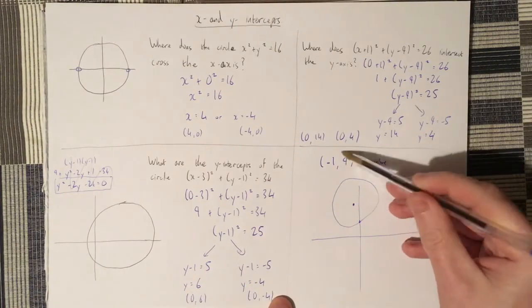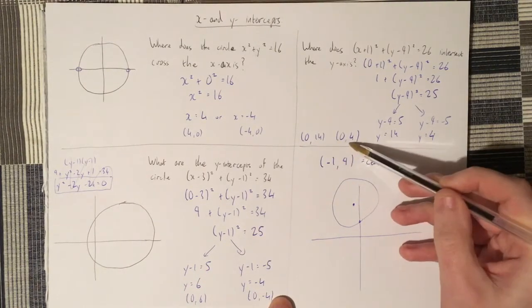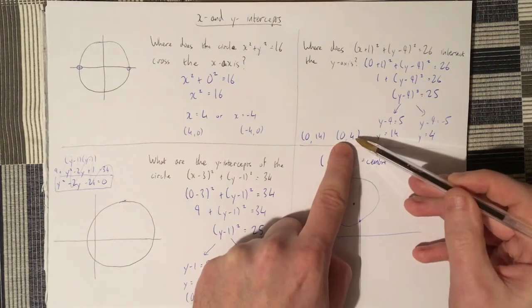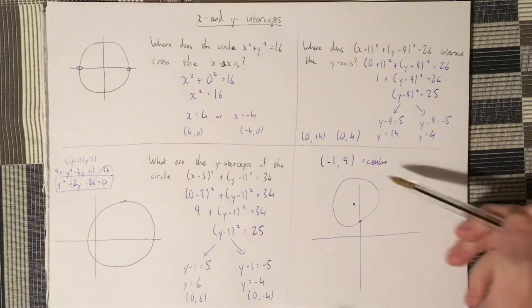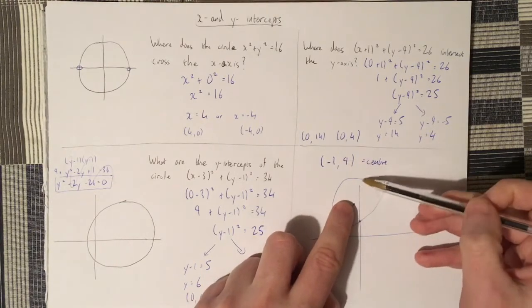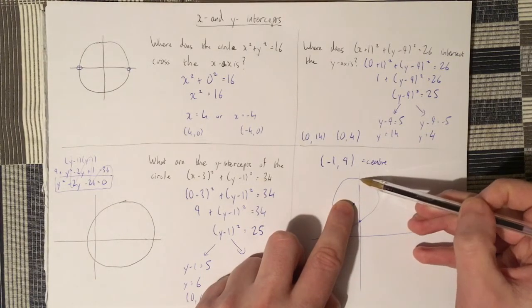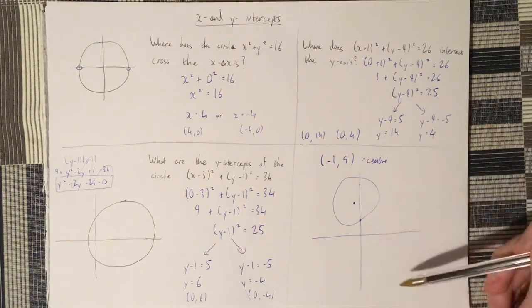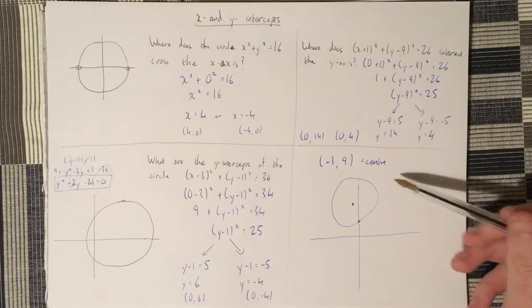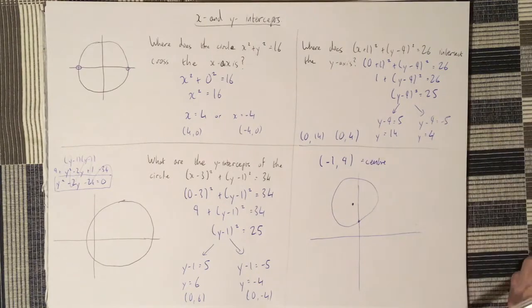So point on the center, pencil on the point which is on the circle. Okay. So where it crosses the y-axis, and just draw that circle around. Or else you could have gone point on minus 1, 9, and pencil on 0, 14 and draw the circle. Okay, again, obviously in the exam you do this properly with the ruler, spacing the points out properly, using the squared paper they give you, using a compass. But that's just roughly how you would do it.